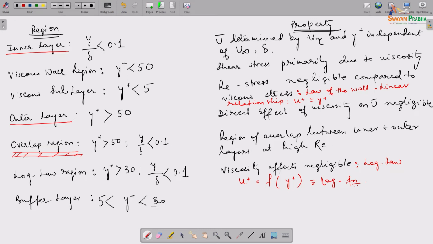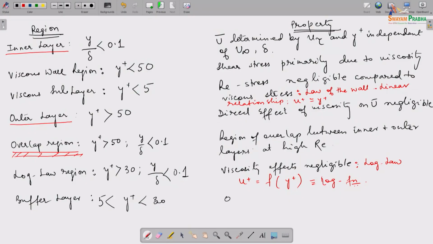The viscous sublayer is where viscosity is dominant, and when y plus is greater than 30, you have the log law region where turbulence is dominating and viscosity is not. That transition from viscosity dominating to not dominating happens over the buffer layer.